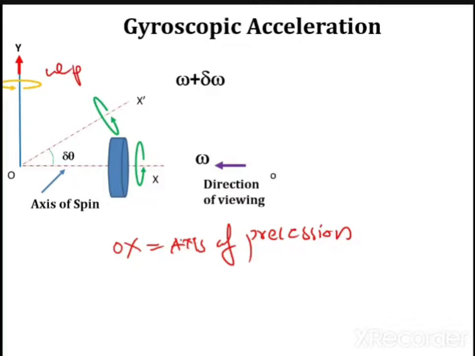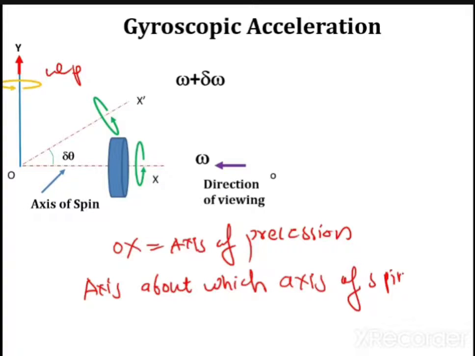What is omega p? That is the angular velocity of precession. Can anybody tell me what will be the axis of precession? The axis about which the axis of spin OX will turn. Very, very important. Right?